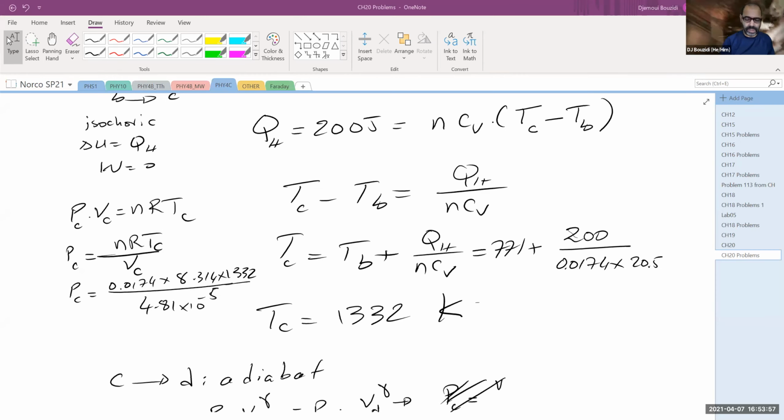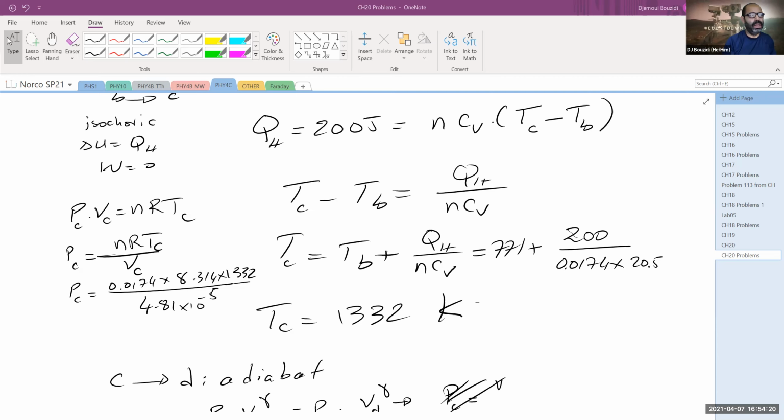So it's going to be 0.0174 times 8.314 times 1,332. Divide that by open parentheses 4.81, and I'm going to leave the power for later, okay? So it's going to be 4.06 times 10 to the power 5.